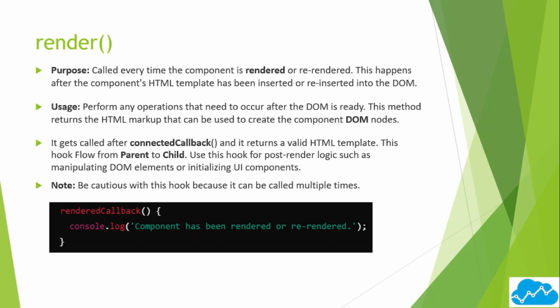It gets called after connectedCallback. So render is getting called after the connectedCallback and it returns a valid HTML template. This hook flows from parent to child.